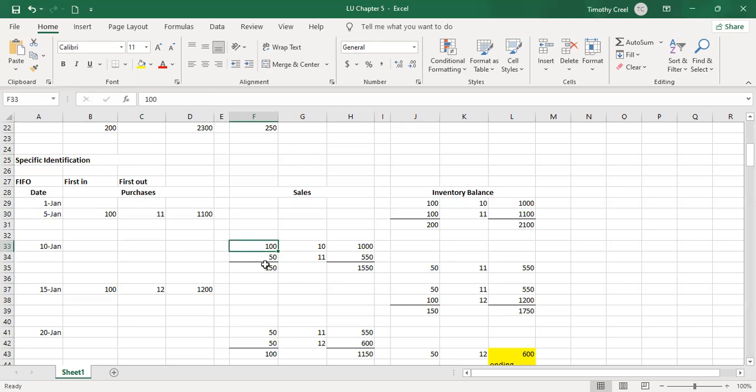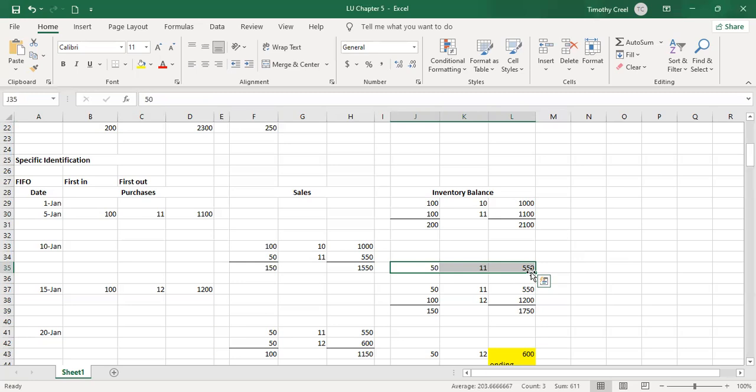So of the 150 items, the first 100 would be taken out of the oldest items in inventory that we had. And then the other 50 would come out of this latest group. Again, FIFO, first in, first out. Sales come out of the oldest items in inventory and work their way forward. So after this sale is complete, notice that we still have 50 at 11 for a total value of 550.